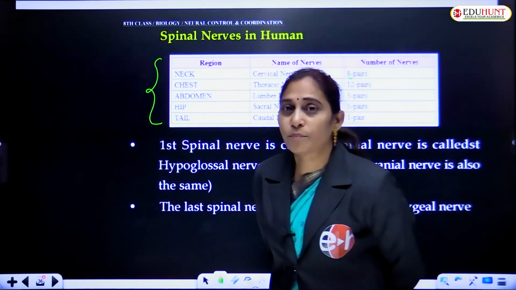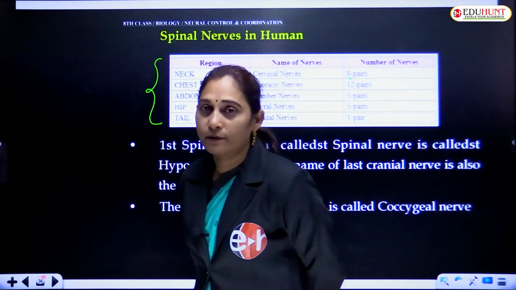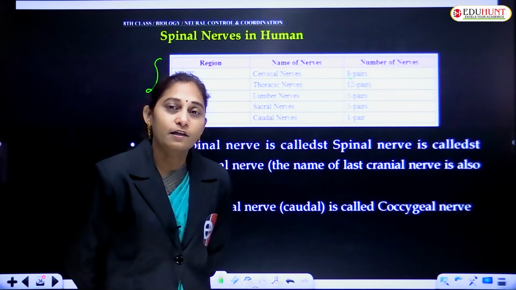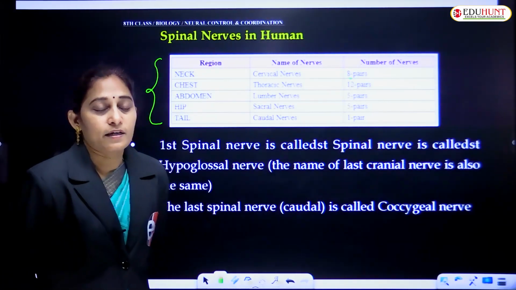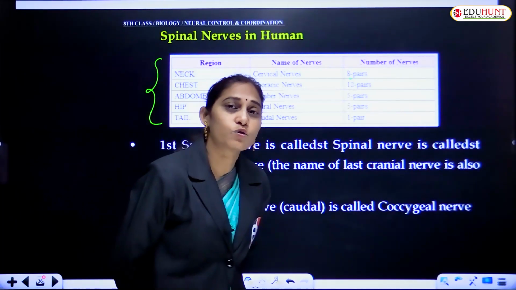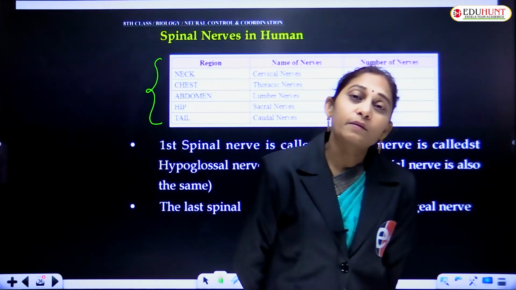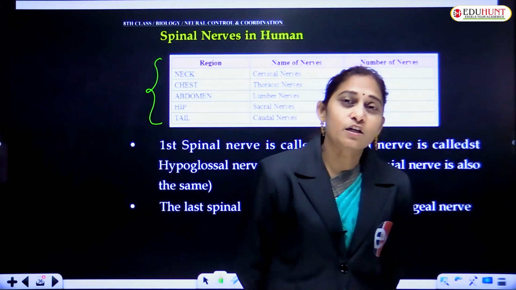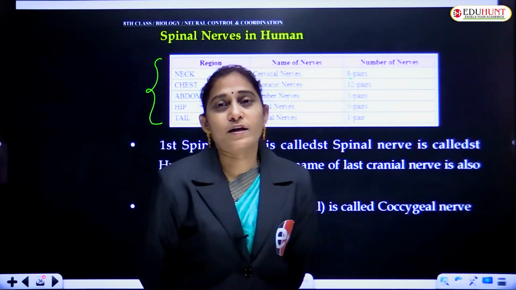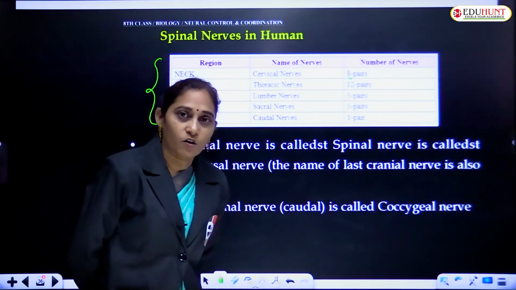Altogether there are 31 pairs of spinal nerves, and each spinal nerve has two roots: the dorsal or posterior root and the ventral or anterior root. The dorsal root is the sensory root and the ventral root is the motor root.